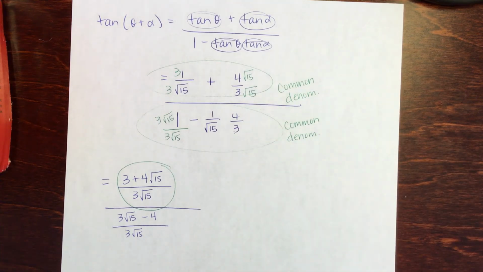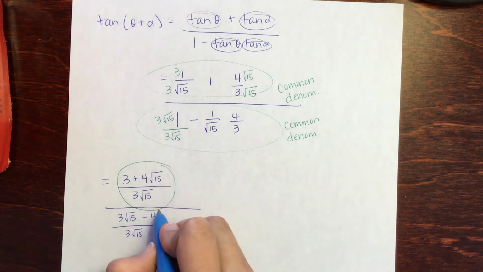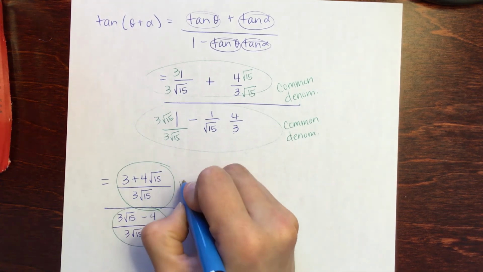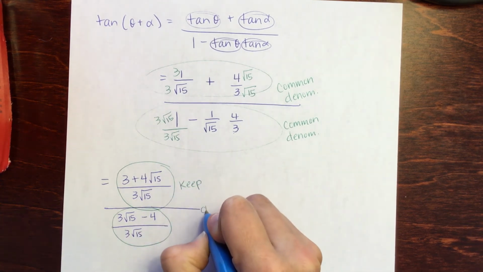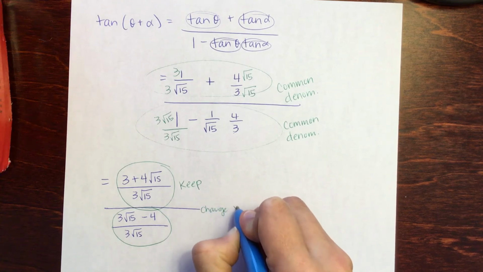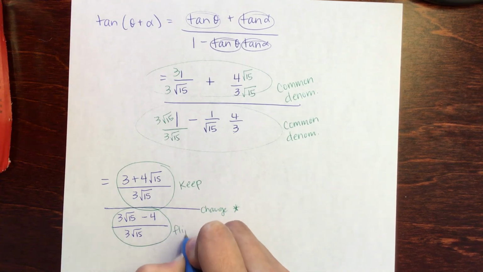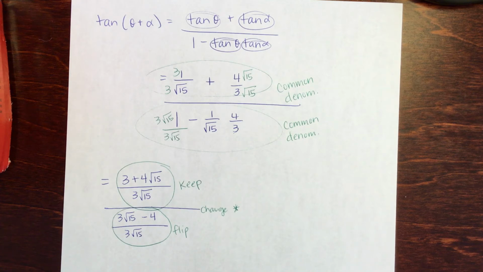So I found a common denominator on the top and a common denominator on the bottom to get these two fractions here. Well, this weird double fraction. And now it's one fraction on top of one fraction, so I can change my fraction bar division sign to a multiplying and flip. Keep, change, flip.